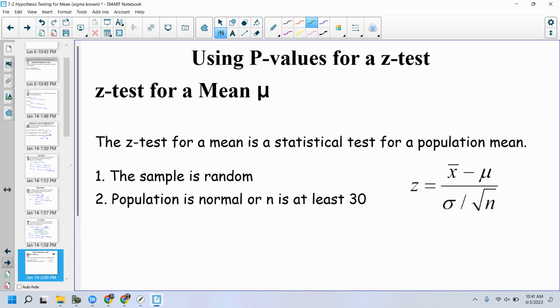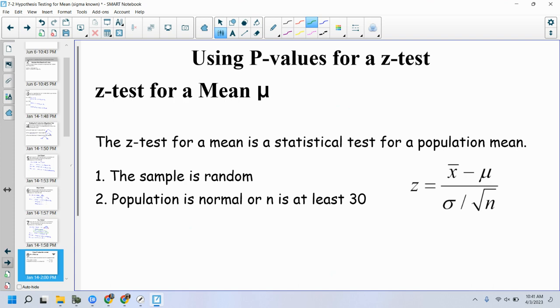When the population standard deviation is known, when sigma is known, and we're trying to make a decision about the population mean, about mu, I use this calculation: x bar minus mu, divided by sigma divided by the square root of n.